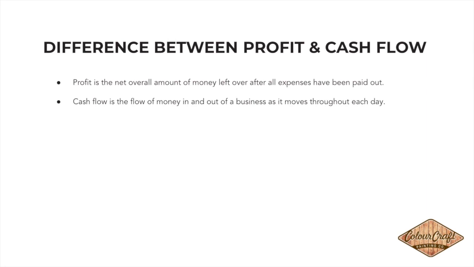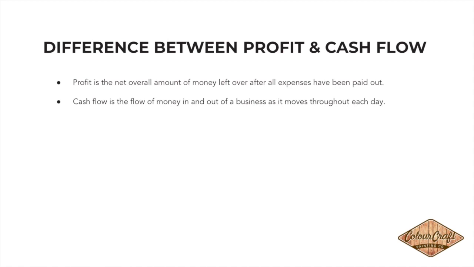So I could spend $300 today, and then I sell $700, but $0 cash flows into the company because that $700 hasn't arrived. I've made the sale, but I haven't collected the money. Or maybe they've paid it on credit card, and the credit card is going to be deposited in 2 or 3 days, but the cash flow of $700 hasn't actually arrived into the account, but the sale has been made and taken. So that would be the way to look at cash flow.